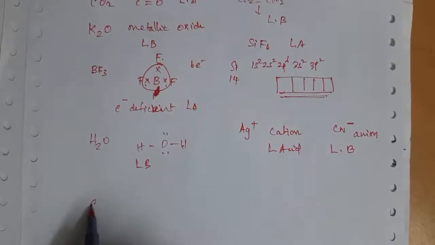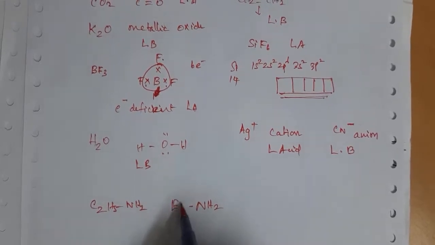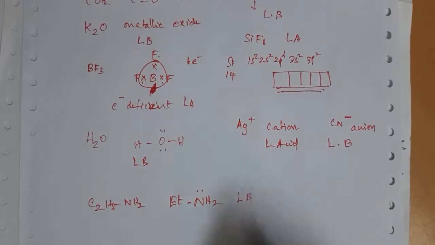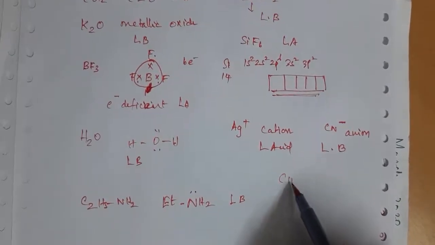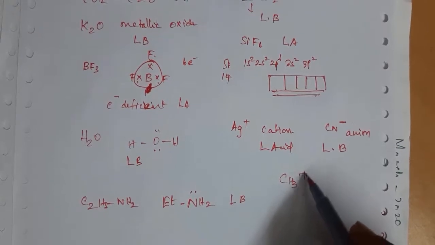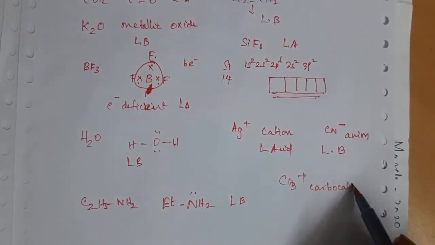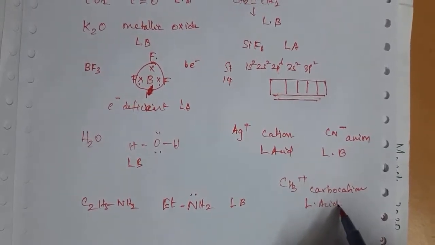Ethylamine is similar to ammonia, with an ethyl group instead of one hydrogen. It has a lone pair of electrons, so it behaves as a Lewis base. The last one, CH3 plus, has a positive charge on carbon, so it is also known as a carbocation. A carbocation behaves as a Lewis acid.